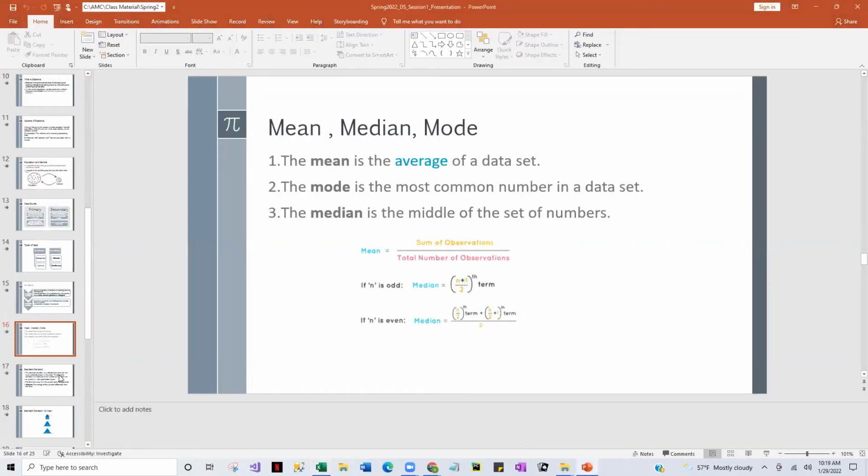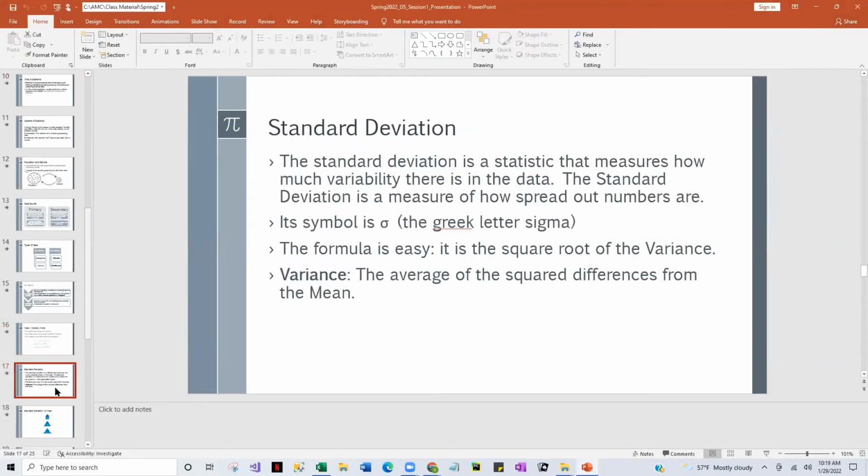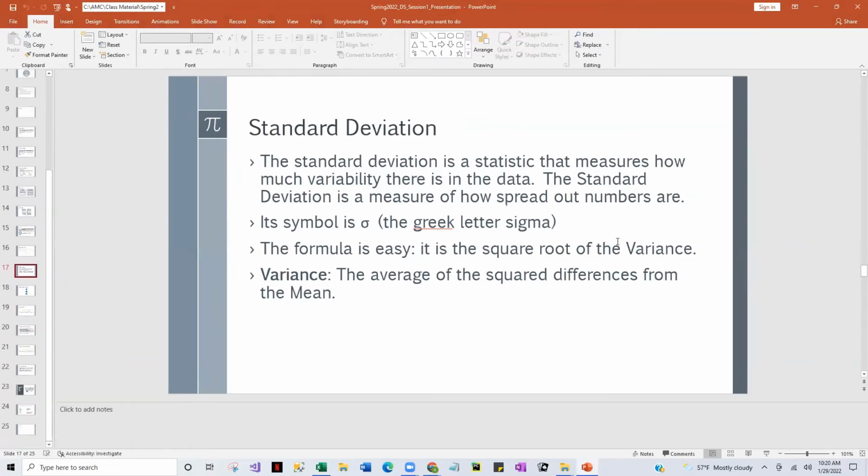If you don't have any questions, I think we can move to the next one. The next thing we are going to talk about is the standard deviation. The standard deviation is a measure that tells us how variable the data is from its mean. We need to find the variance and the standard deviation. You can find it with the formula.